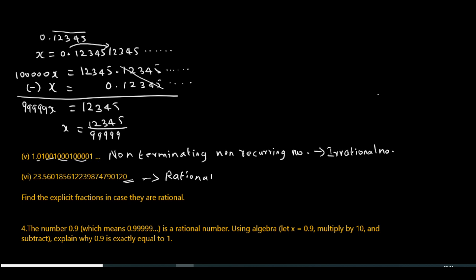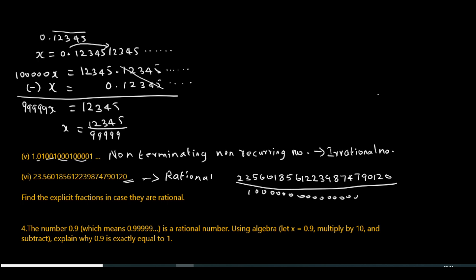So write all the digits in the numerator, 2 3 5 6 0 1 8 5 6 1 2 2 3 9 8 7 4 7 9 0 1 2 0, divided by 1 followed by that many zeros, 21 zeros. So this is p by q form, so it is a rational number.